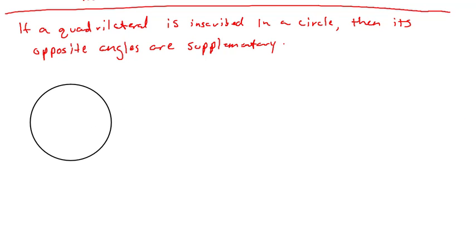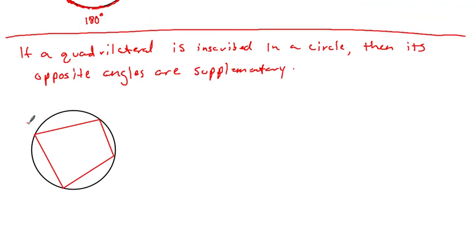So circle, quadrilateral, inscribed. So we'll call it quadrilateral ABCD, like that. So if a quadrilateral is inscribed in a circle, then its opposite angles are supplementary.